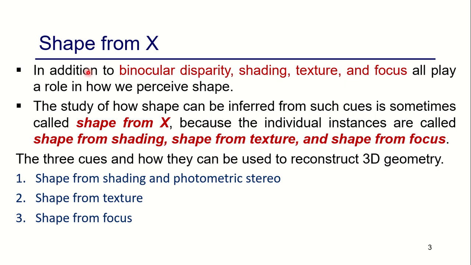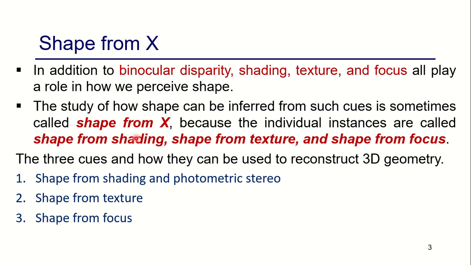Shape from X. In addition to binocular disparity, shading, texture, and focus all play a role in how we perceive a particular shape. The study of how the shape can be inferred from such cues is sometimes called shape from X, because the individual instances are called shape from shading, shape from texture, shape from focus.